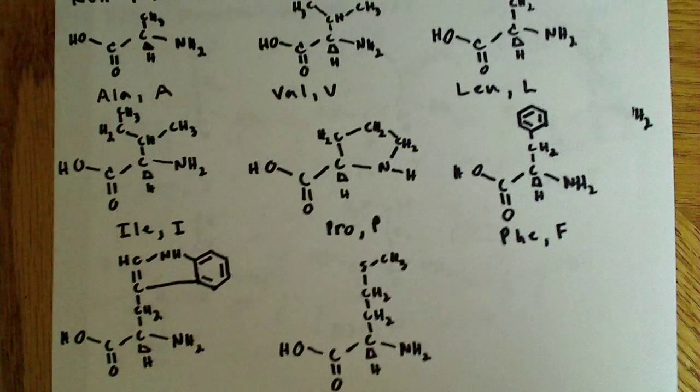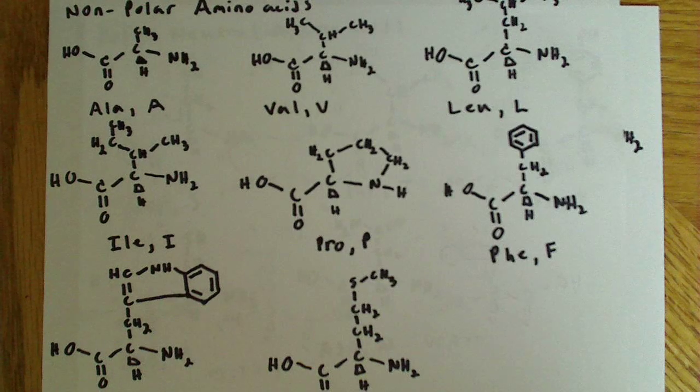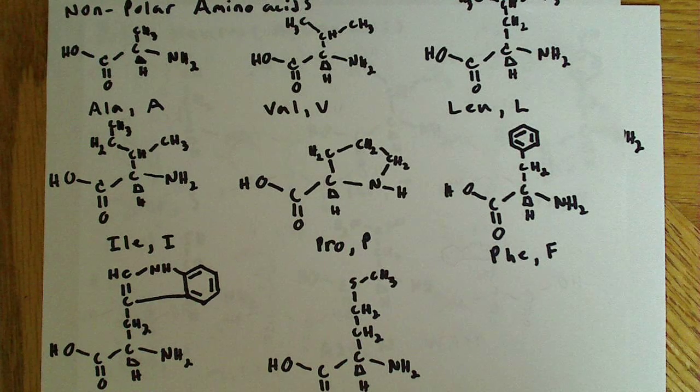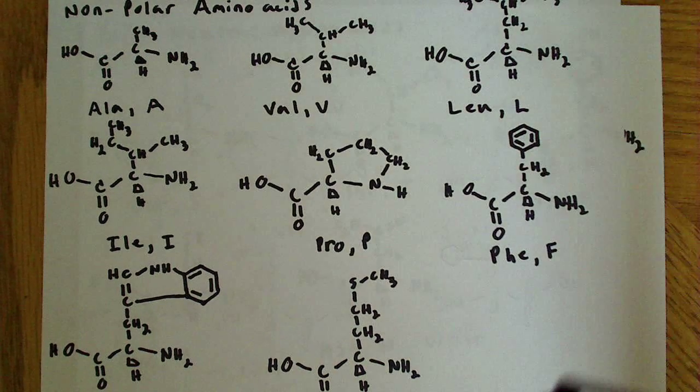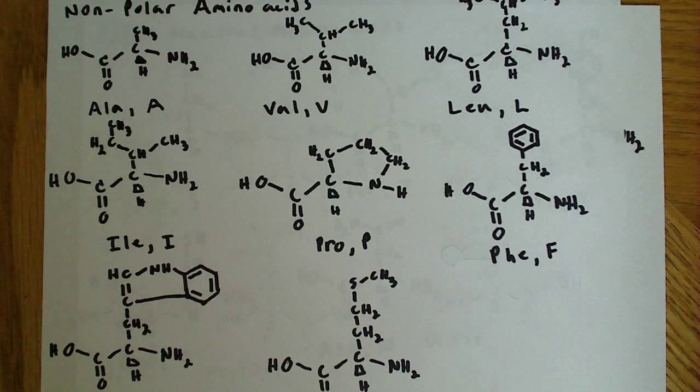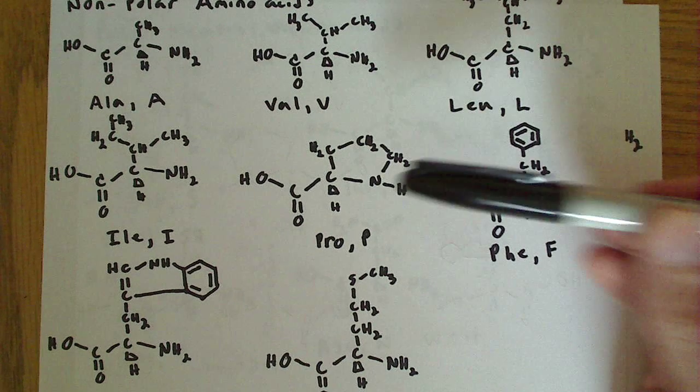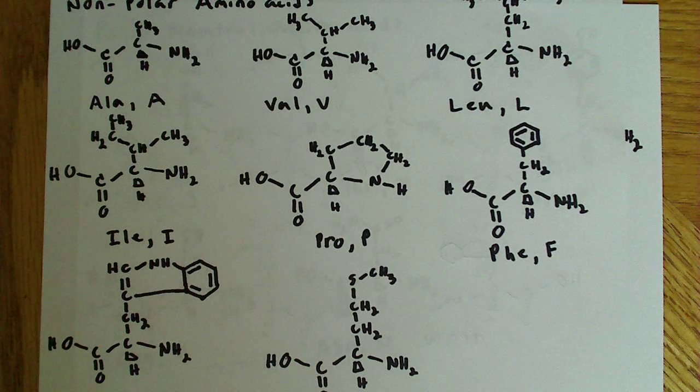So that's isoleucine. Proline is one of the unique amino acid structures. It's a cyclic ring. It's not aromatic though. So it has the nitrogen actually incorporated into the cyclic ring here, as you can see. And these can cause problems in the alpha helix and things like that, because they're pretty rigid. The ring structures are rigid.